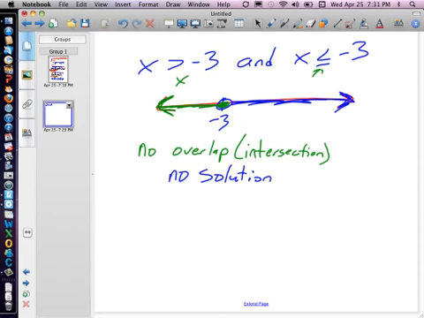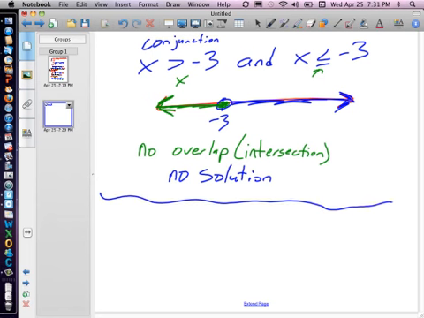However, that's if we wanted the conjunction of those two things. If we wanted the disjunction of those two things, we have x is greater than negative 3 or x is less than or equal to negative 3.